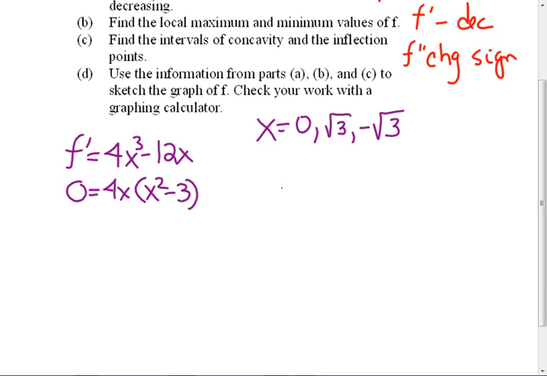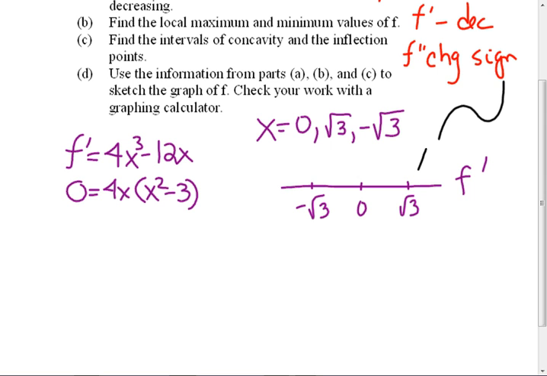Now, do you know how to do this little sign chart the easy way, without testing intervals? Well, it's a cubic, so I know it does something like this. It has to be that shape. So this is negative, this is positive, this is negative, and that's positive.